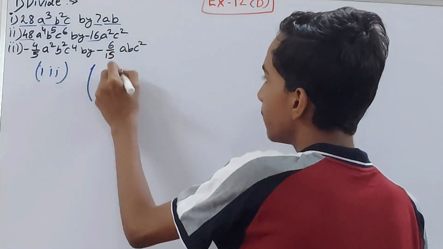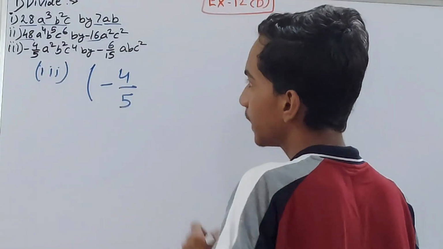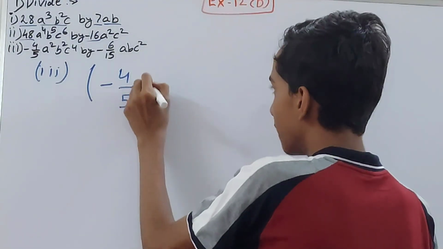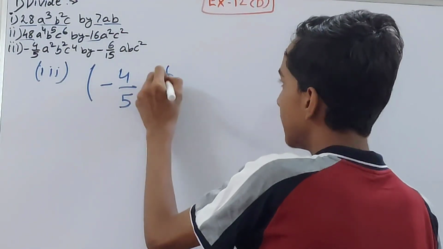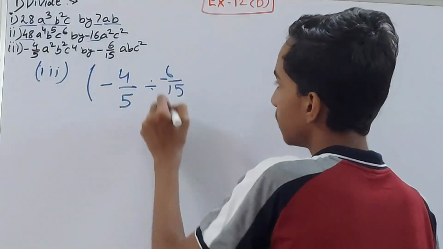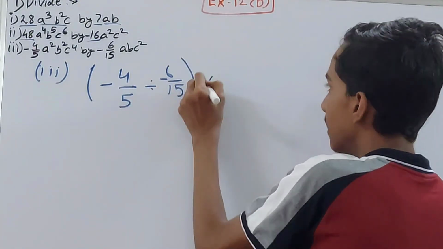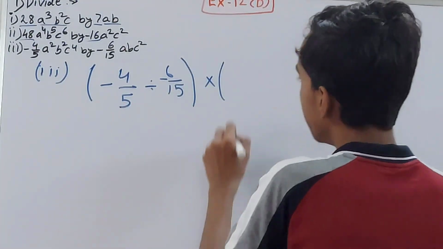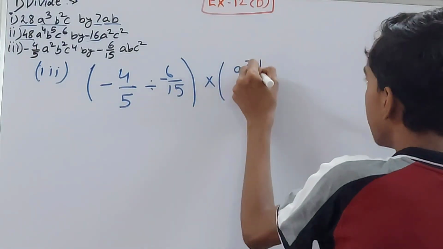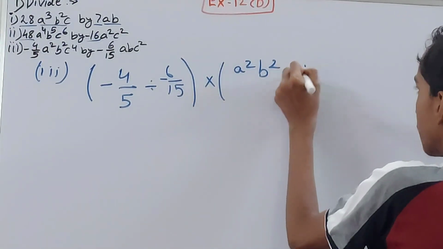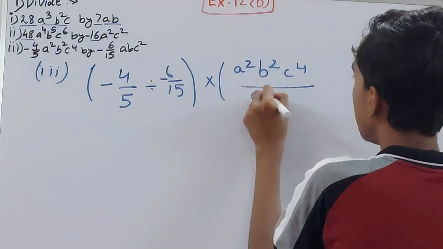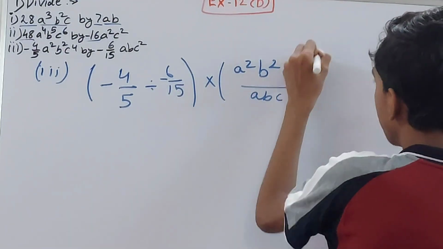Minus 4 by 5, this is the first fraction, this you have to divide by minus 6 by 15 and multiply it with the variable. The variable is the same here, a square b square c to power 4 divided by a b c square.